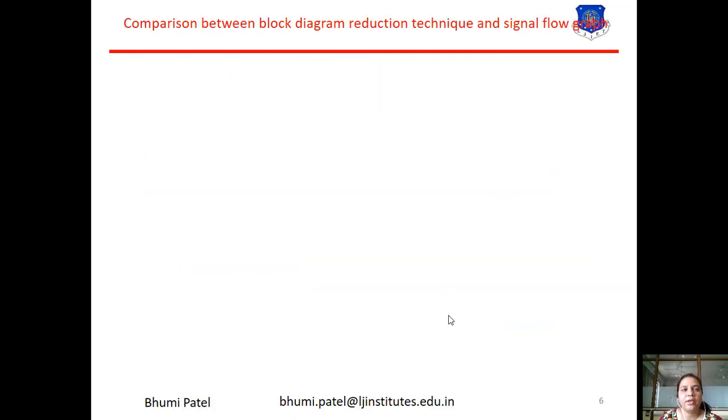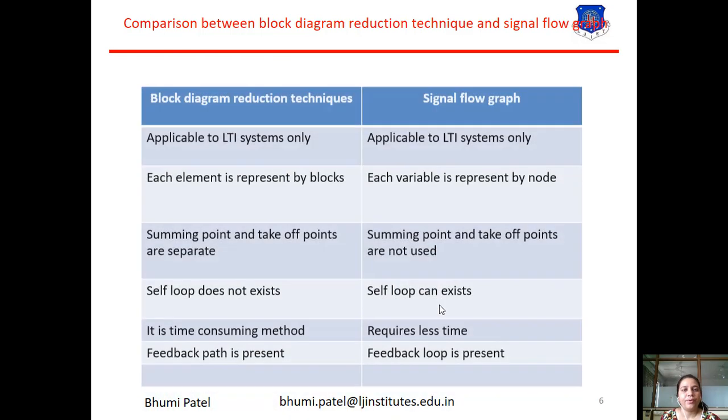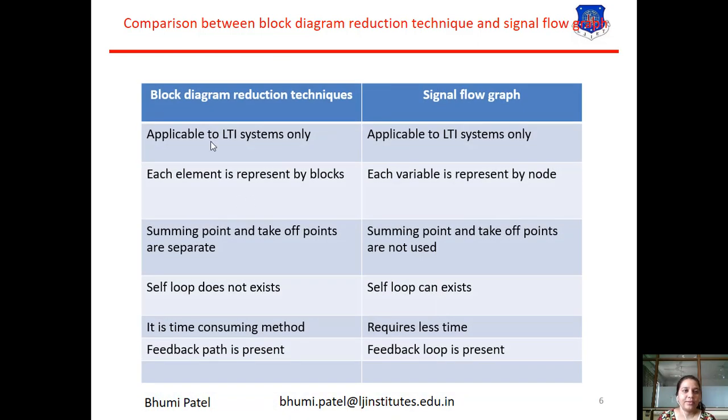Now next topic is comparison between block diagram reduction techniques and signal flow graph. So the block diagram reduction technique is applicable to LTI system, linear time invariant system. Signal flow graph is also applicable to LTI system.